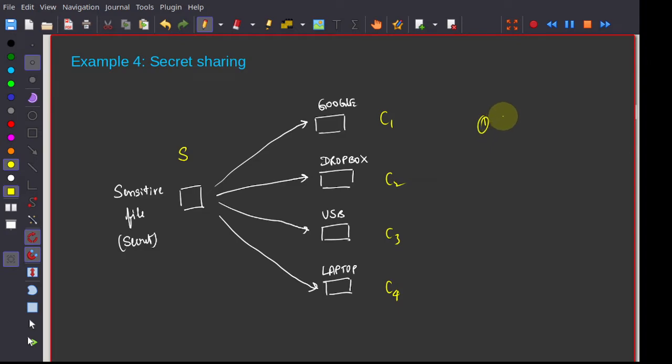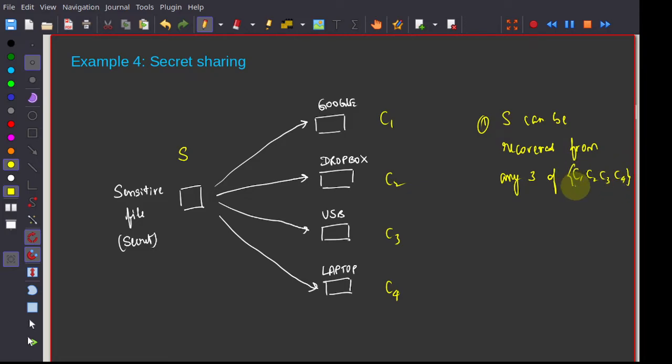The first requirement is that S can be recovered from any three of C1, C2, C3, C4.